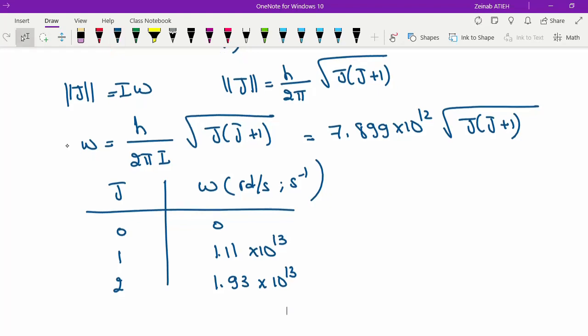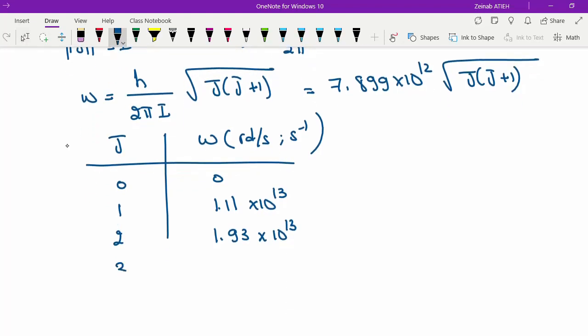For j equals 3, this is the last one, 3 plus 1 is 4, 4 times 3 is 12. We multiply by radical 12 and we get 2.73 times 10 to the power 13. And these are the angular velocities of rotation in these four energy levels.